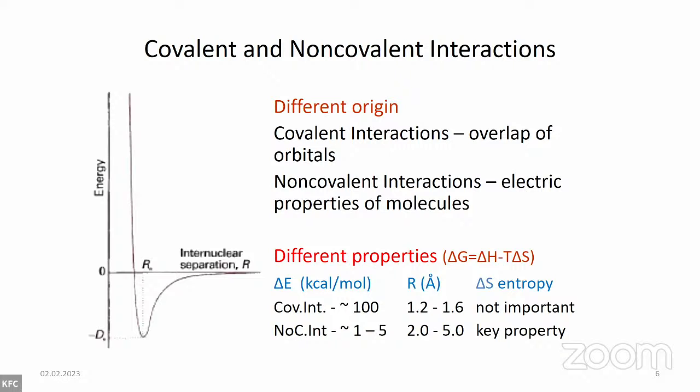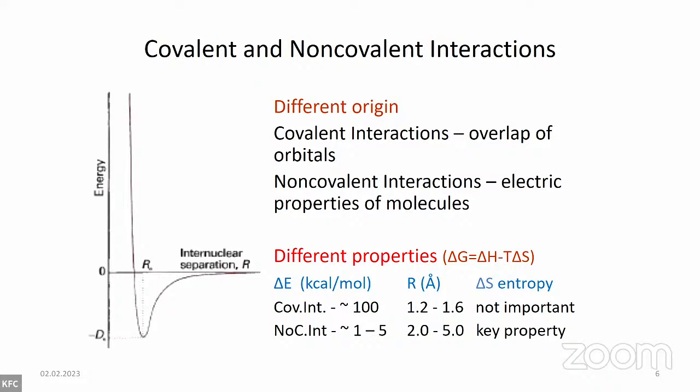Non-covalent interactions are much weaker, like 20 kilojoules per mole, and they are further, from 2 to 5 angstroms. Usually when something is further than 5 angstroms, we think that it's not really interacting any longer. And how those things are moving is a key property.